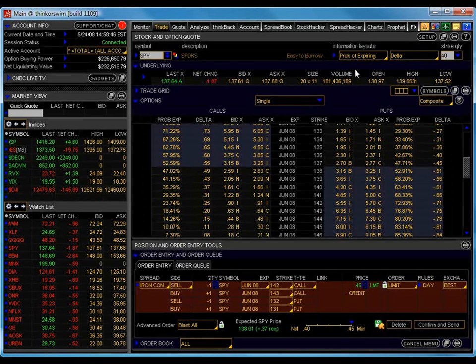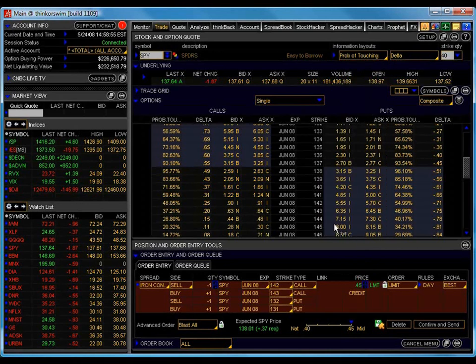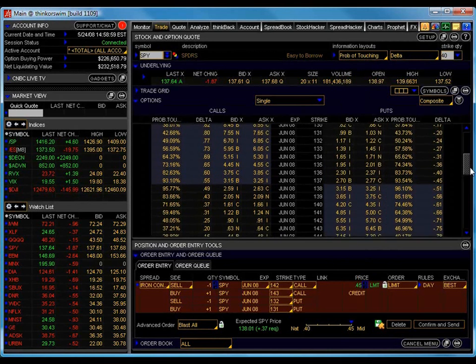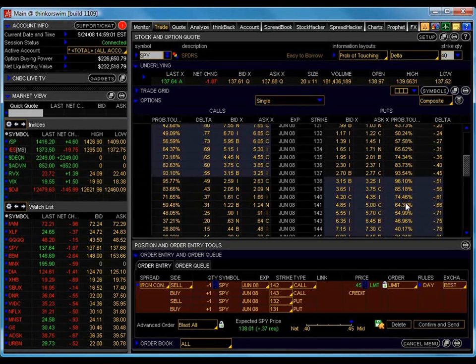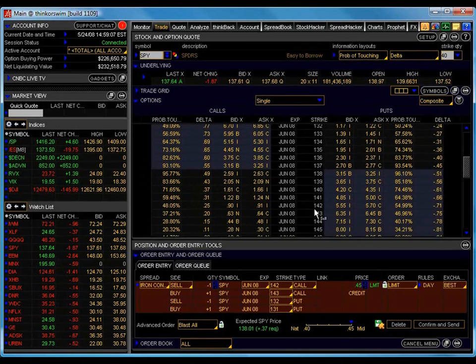But let's take a look at a different statistic, which is even more telling. And that is the probability of touching. See, prices do tend to fluctuate. That's the whole basis of our training, right? Prices will fluctuate. What is the probability that during the time that we're holding this position, the price of the underlying stock will actually rise up to the 142 level?